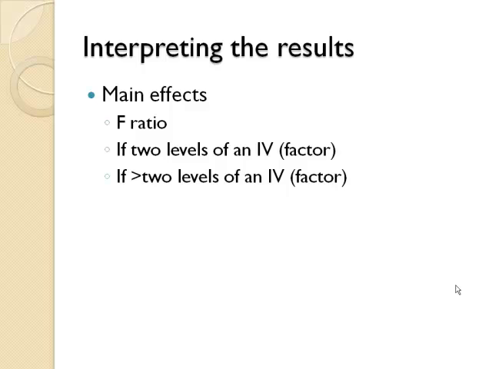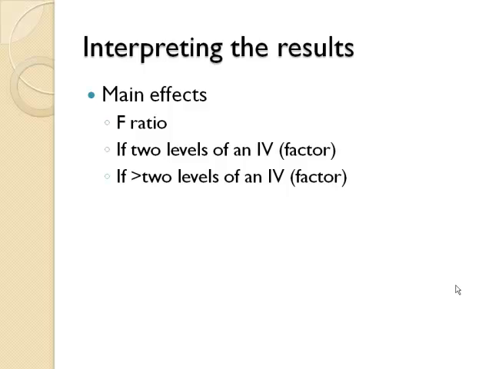If you have more than two levels of an IV, more than two levels of a factor, so let's say our music type, we had classical, heavy metal, and rap, and we have a significant main effect of music type. All we know is the type of music people listen to had an effect on how fast they're driving.